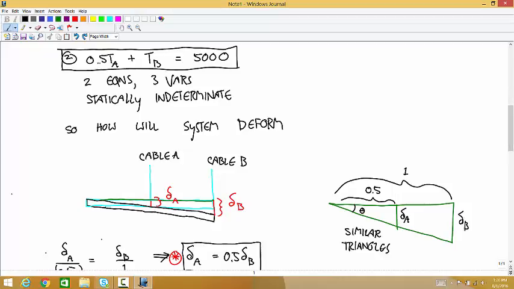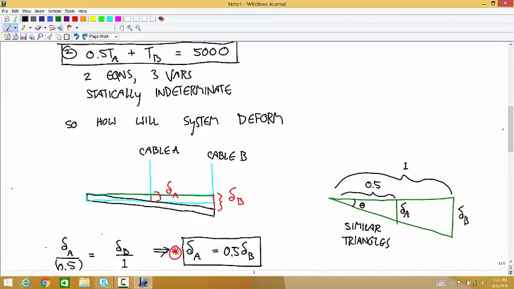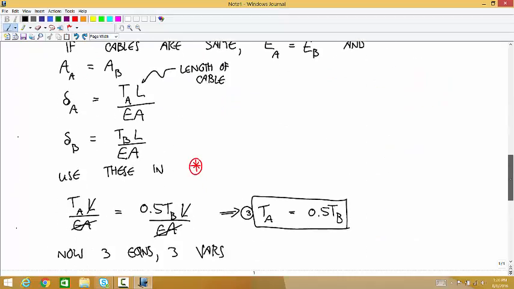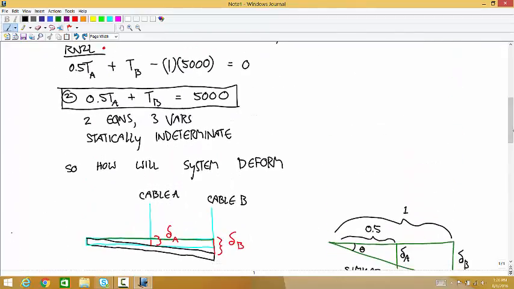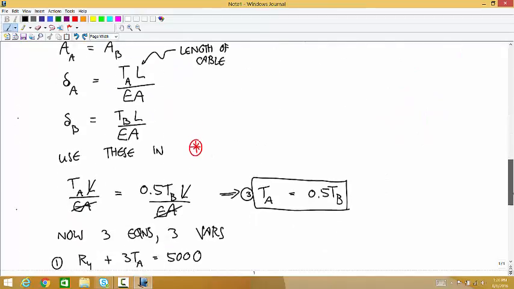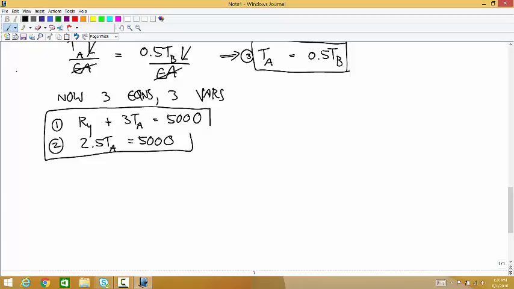Okay, so 0.5 TA, and for TB, we'll substitute in 2 TA. So 2.5 TA is equal to 5,000. So we just got this from substituting in equation 3.